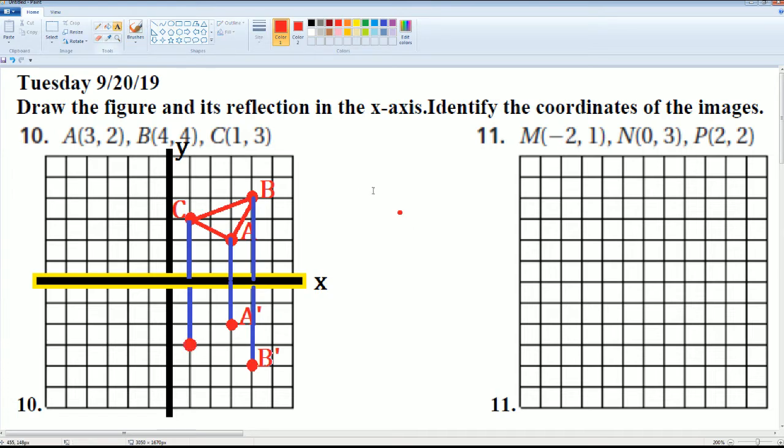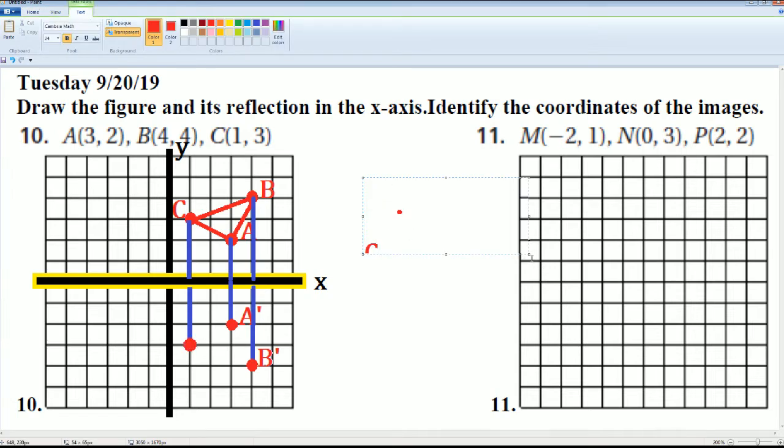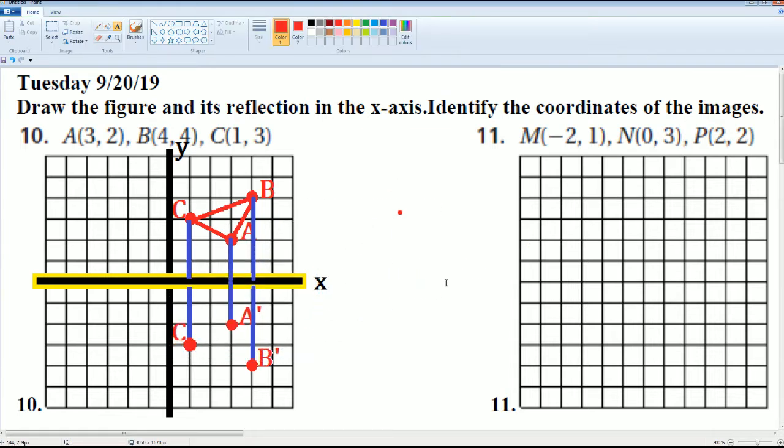And we're going to call this C prime. See? Perfect. Now I'm just going to match it up. There you go. Perfect reflection. You see how it's equidistant from the line of reflection?